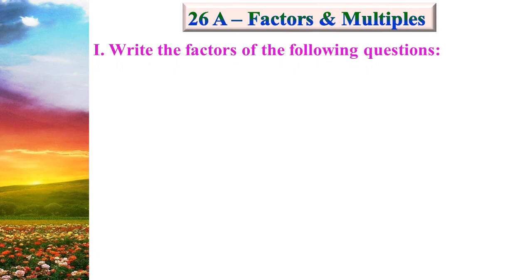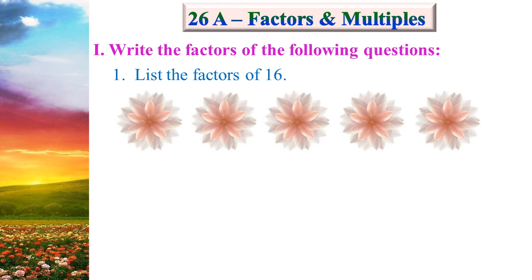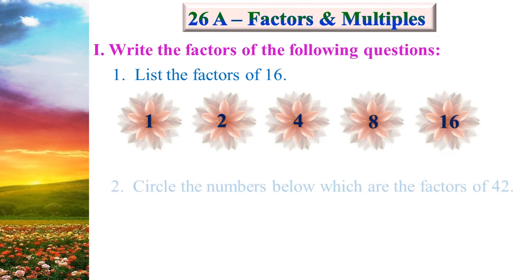First Roman, write the factors of the following questions. First question, list the factors of 16. How to find the factors of a given number? Here given some images. Now we have to write the answer in center of the image. So factors of 16: 1, 2, 4, 8, 16.